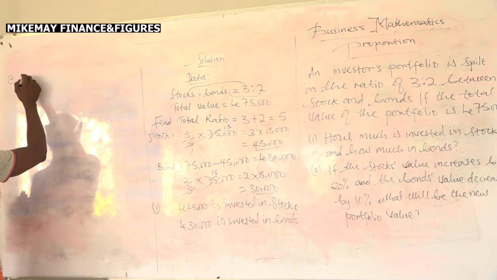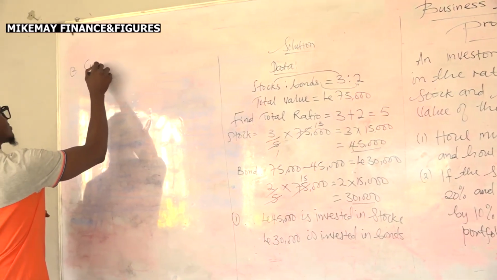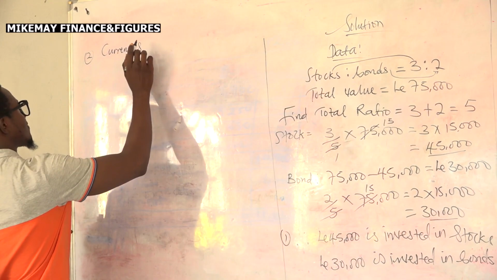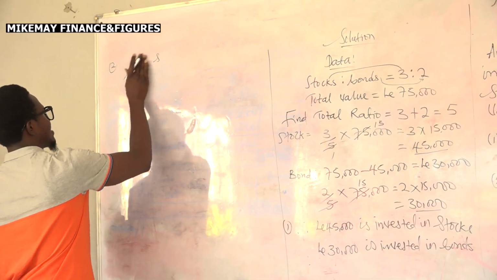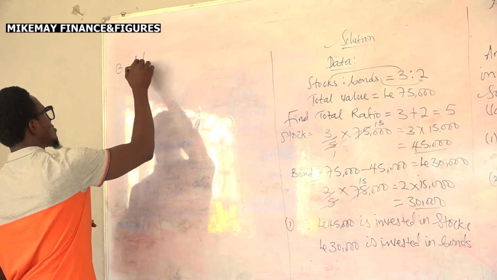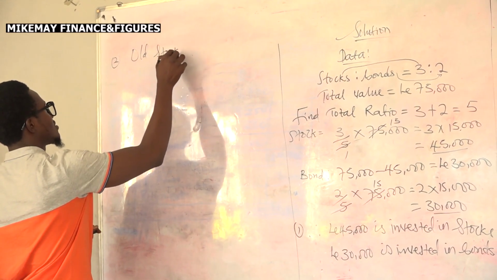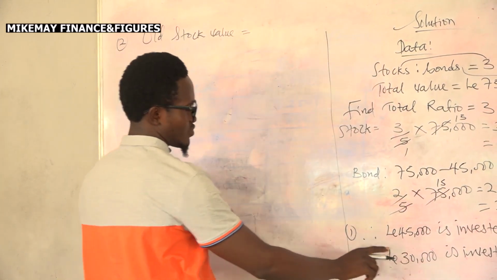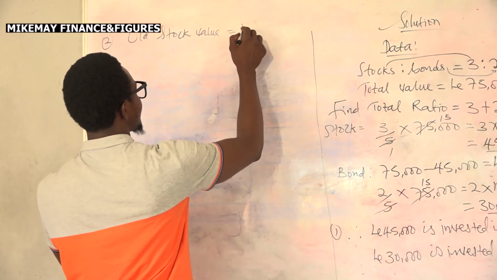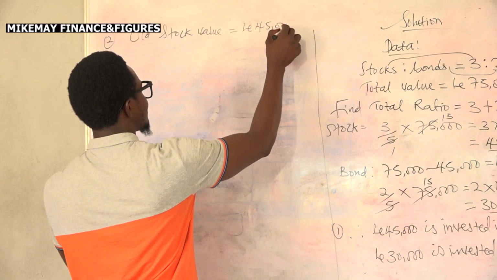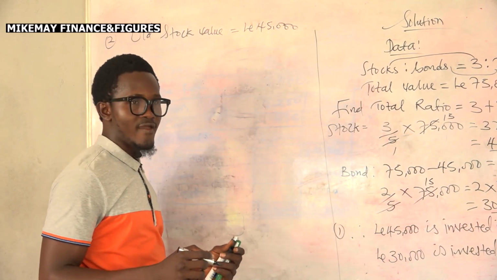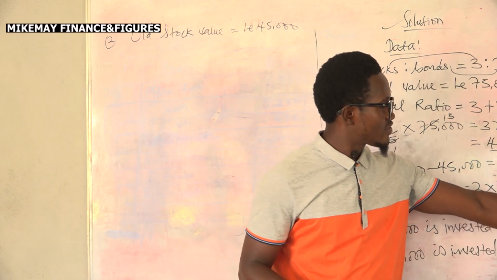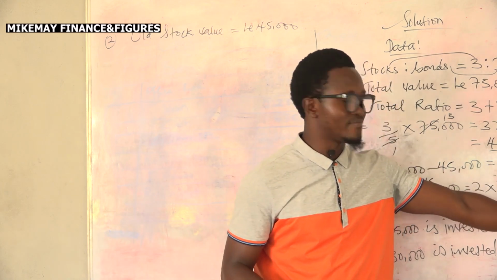Now the current stock value, let's say all stock value, as we found here, is 45,000 leons, okay? Now, the question is saying, if the stock value increases by 20%.